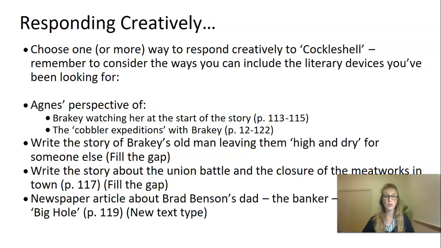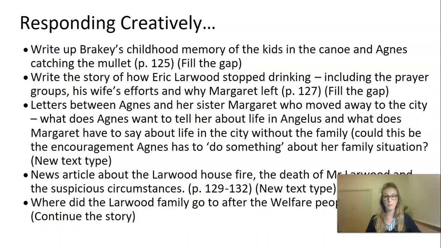Alternatively, write the story of the Union battle and the closure of the meatworks in the town. To fill in the gap, write a newspaper article about Brad Benson's dad, the banker, jumping into the big hole. This is you writing in a completely new text type. We haven't done any newspaper articles, but this is an opportunity to write creatively using a different text type.